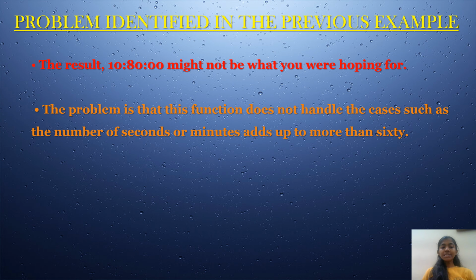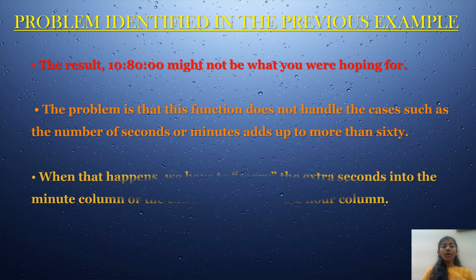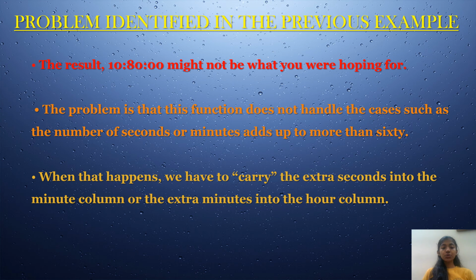The problem is that the function does not handle cases such as the number of seconds or minutes adding up to more than 60. When that happens, we have to carry the extra seconds into the minute column or the extra minutes into the hour column. So the next example handles such issues effectively.